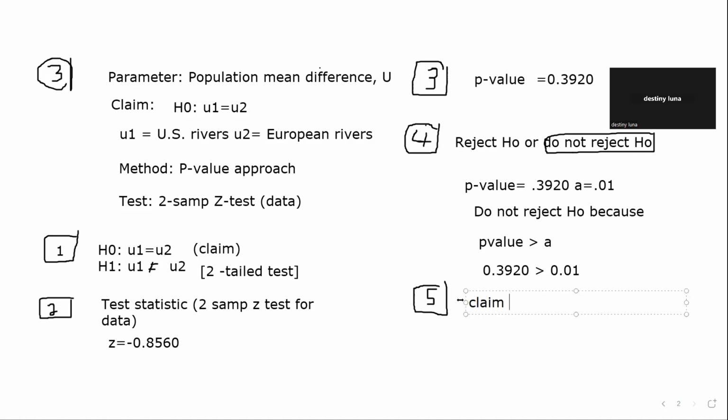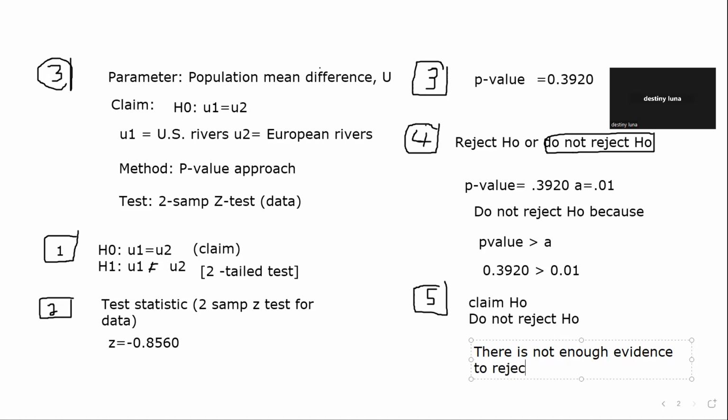My claim here was H0, and my decision was do not reject H0. So my summary will be there is not enough evidence to reject the claim.